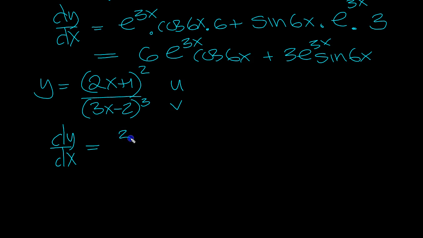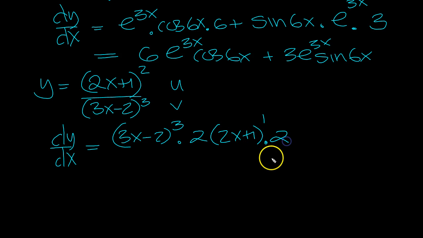So it's v cubed times du/dx. Now this something squared, 2 times something to the 1. So that would be (2x plus 1) to the 1 multiplied by that something differentiated, 2. That was v du minus u.